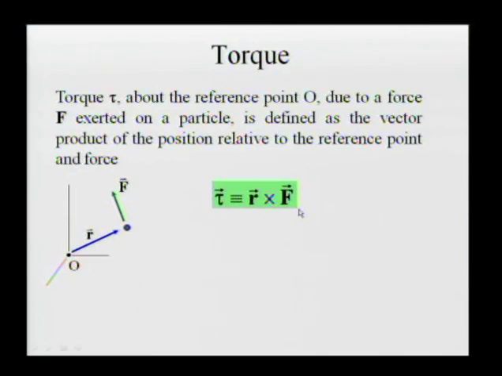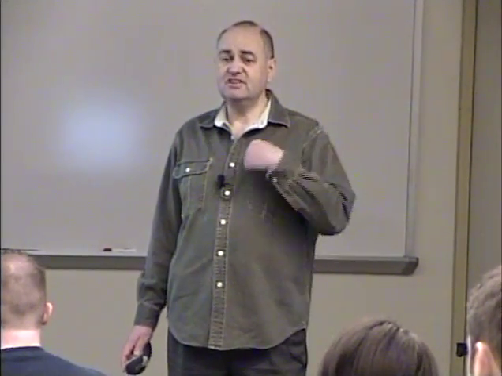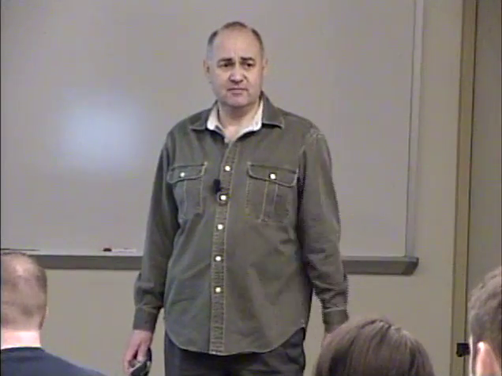All right, so now I want each of you to show me the direction of the gravitational torque about you. My gravitational torque about you. Consult with your neighbor. What is the direction of my gravitational torque about you?